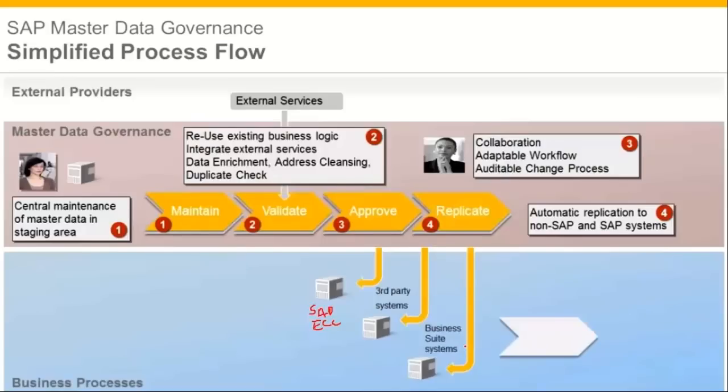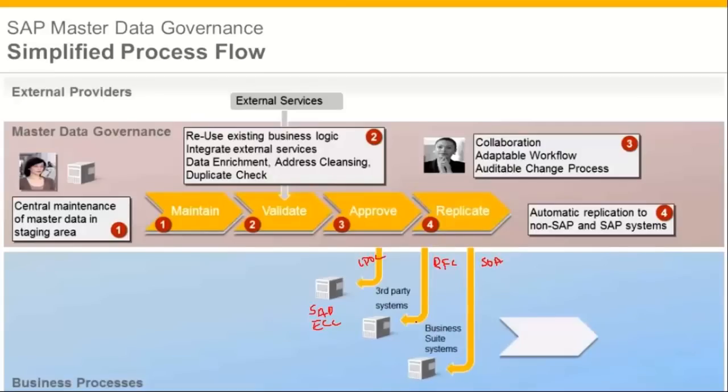For the replication, we have various techniques. We have services, we have RFCs, we have IDOCs to replicate the data. We can select the medium through which we would like to replicate the data based on what my target system is. Now the replication can be automatic or it can be manual.